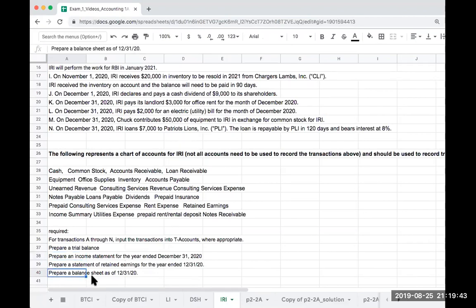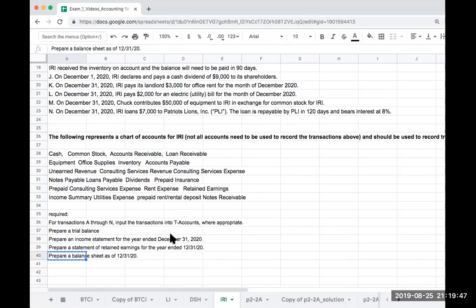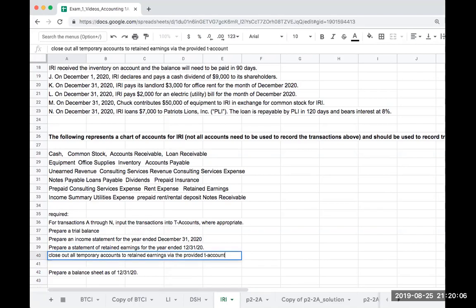The other thing I forgot to load up on this, which is my fault, is that I would also say close out all temporary accounts to retained earnings via the provided T accounts.